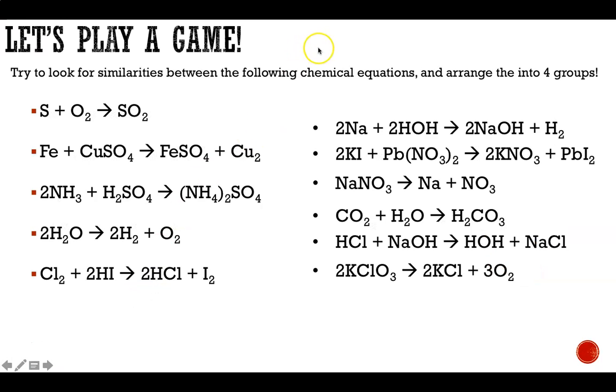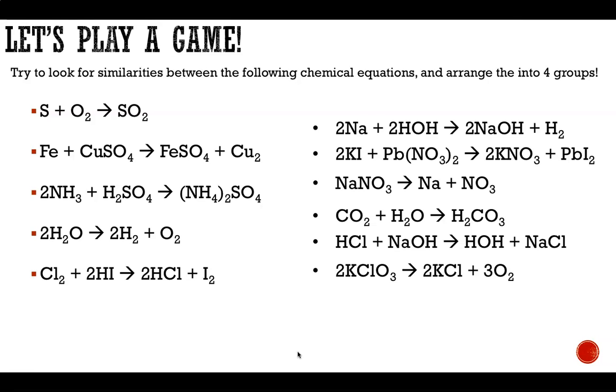You should have this on your note. If you haven't checked out the note that goes with this, pause and go to Google Classroom to find that. At the top of that sheet, there should be a list of chemical equations. I want you to pause the video in a second and try to look for similarities between these reactions and sort them into 4 groups.